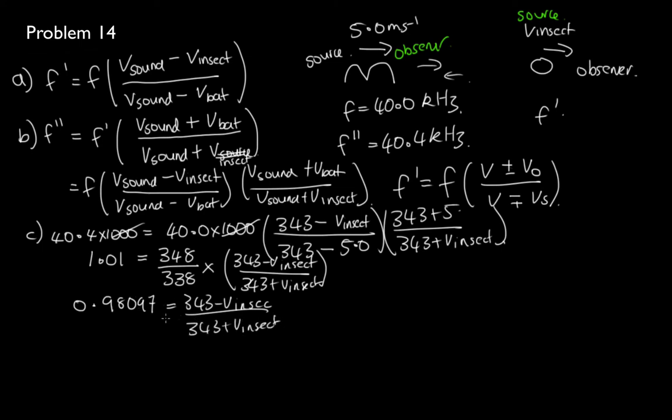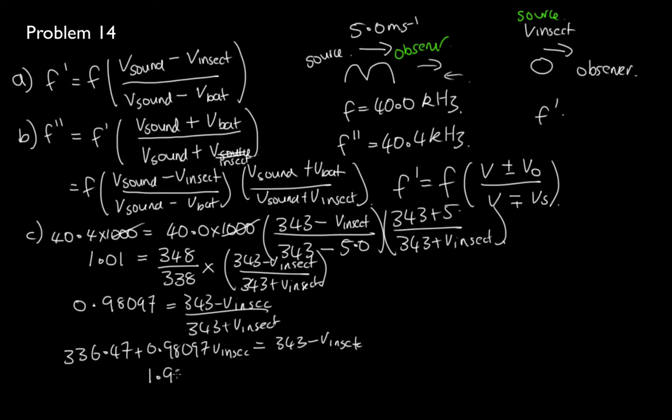Then multiply both sides through by the denominator, and when we do that we get 336.47 plus 0.98097 velocity of insect is equal to 343 minus the velocity of the insect. Move the two velocity of insect terms to the left side and the numbers to the right side.